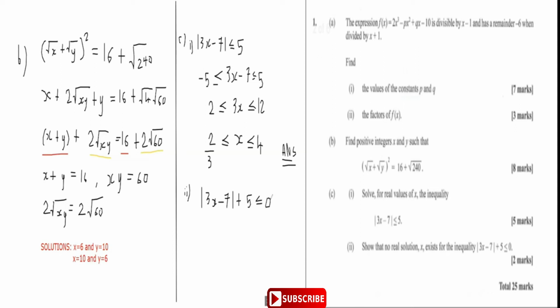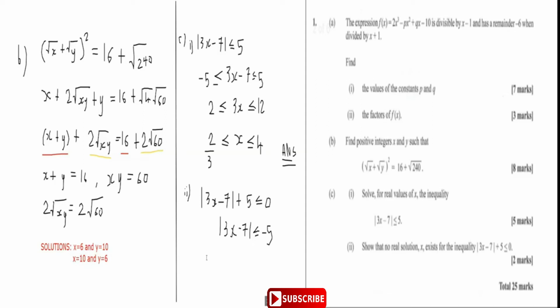Now to show that this has no solution, all you have to do is subtract 5 from both sides and you're going to get the modulus of 3x minus 7 is less than or equal to negative 5. All right, but we know that modulus cannot be negative.